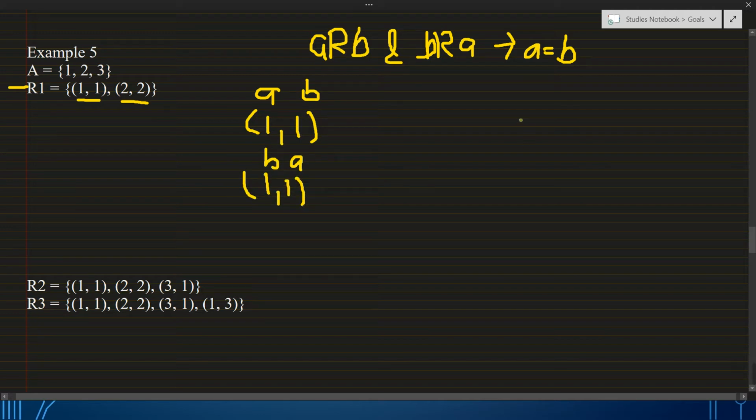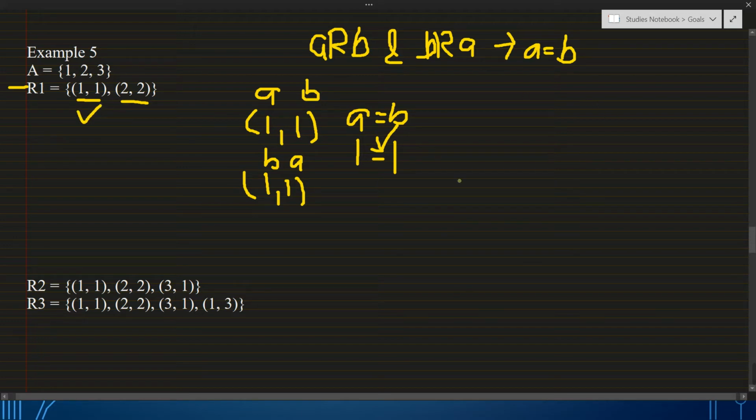Next, we have this critical statement: A must be equal to B. Can we say 1 is equal to 1? Yes. So therefore, (1, 1) is antisymmetric.